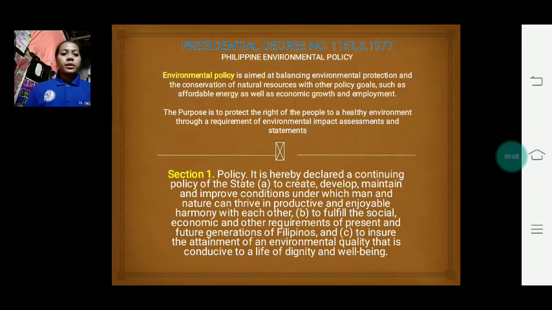B, to fulfill the social, economic, and other requirements of present and future generations of Filipinos. And C, to ensure the attainment of an environmental quality that is conducive to a life of dignity and well-being.